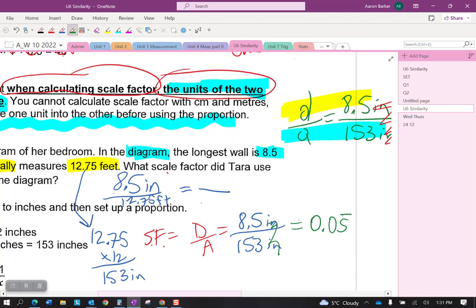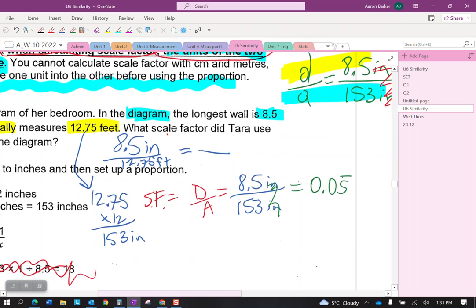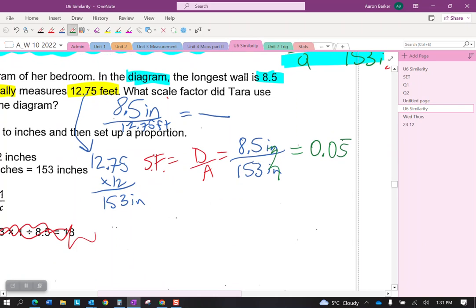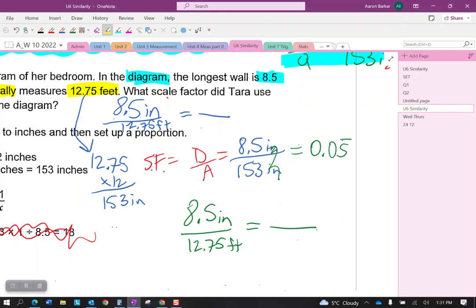Mr. Barker really likes working with the proportion. So when you're actually doing real work, use 8.5 inches over 12.75 feet. However, on your other fraction, what units must be on top? Inches.